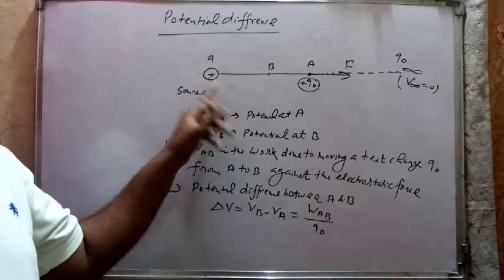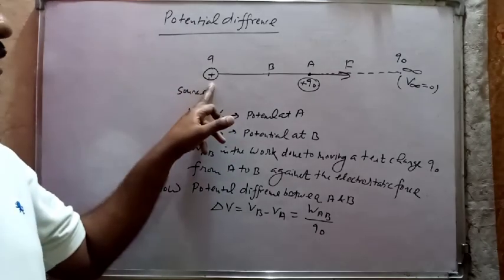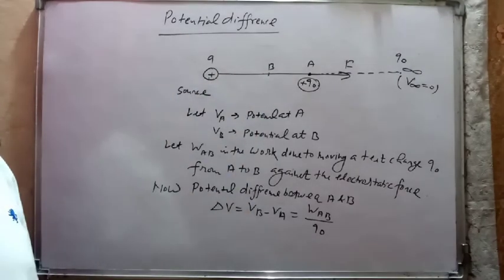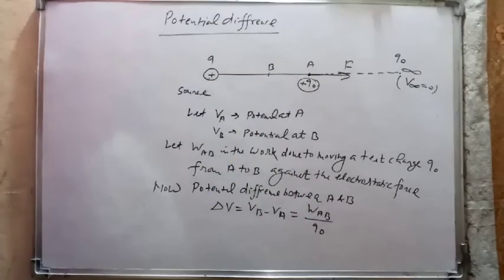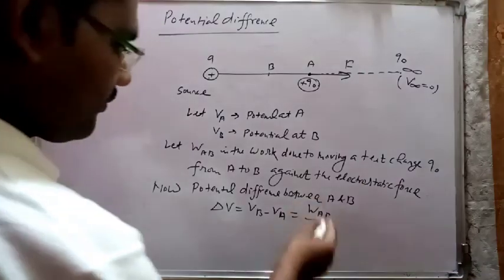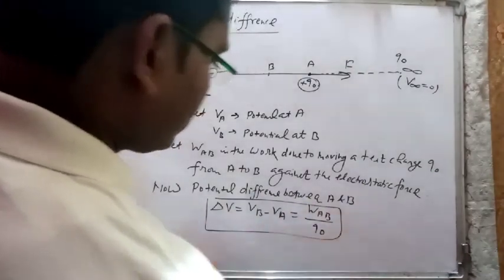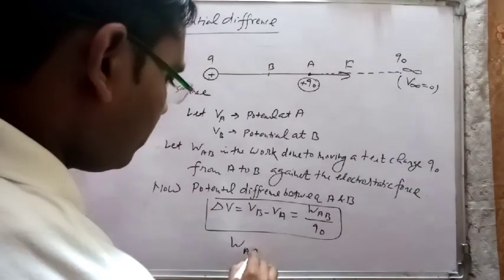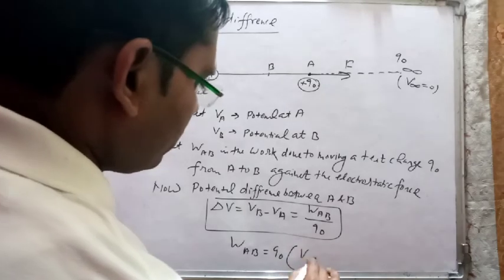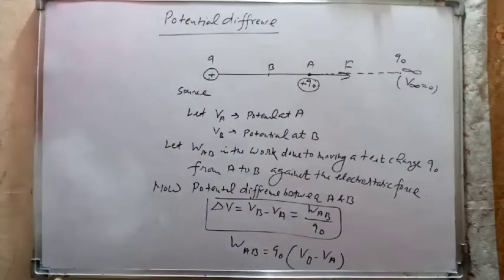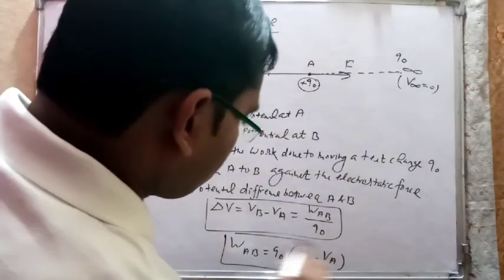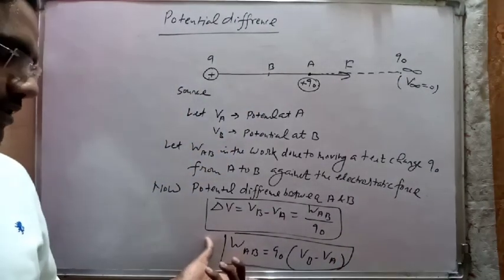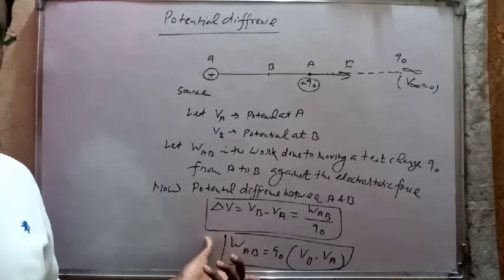If the source charge is negative, then for a near point the potential is lower and for a far point the potential is higher. This one is the expression for potential difference. That means here we found WAB is equal to Q naught times VB minus VA. This one is the expression, and there are a lot of numericals based on this expression put up in board examinations.